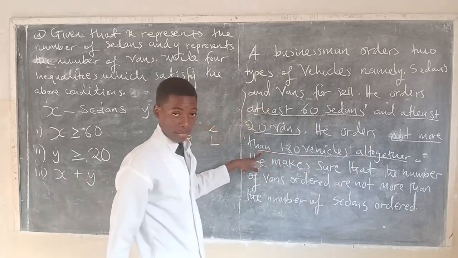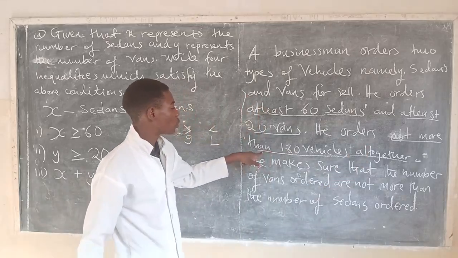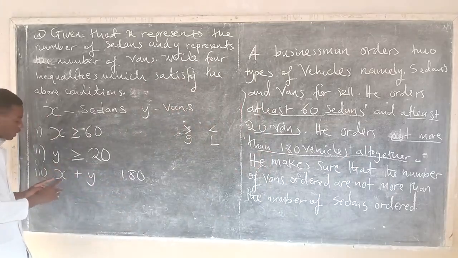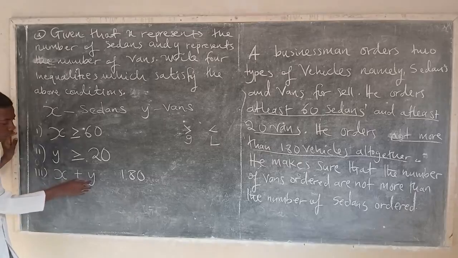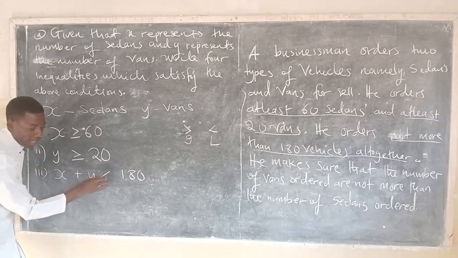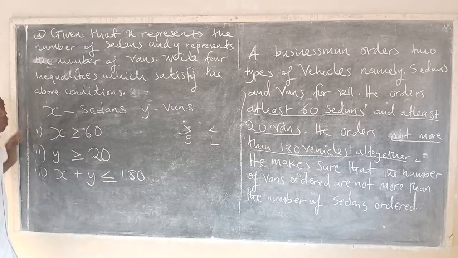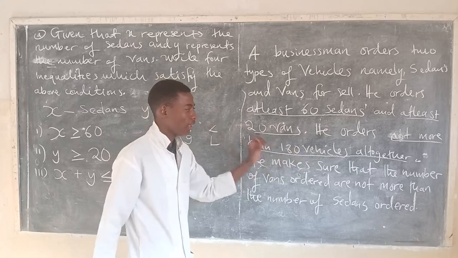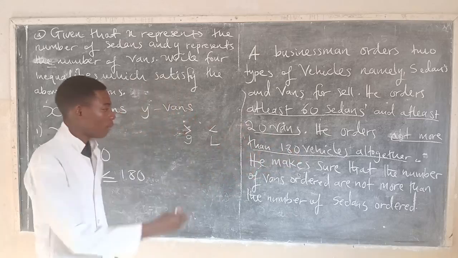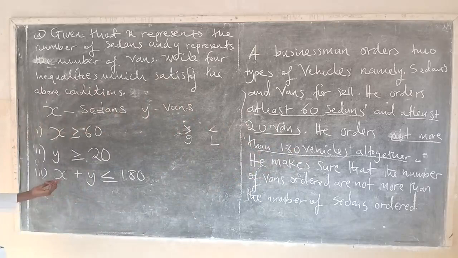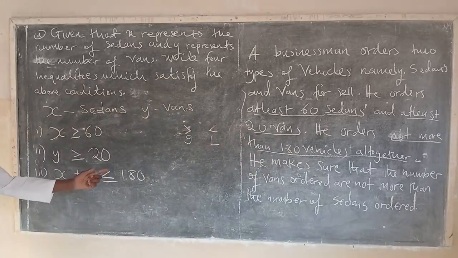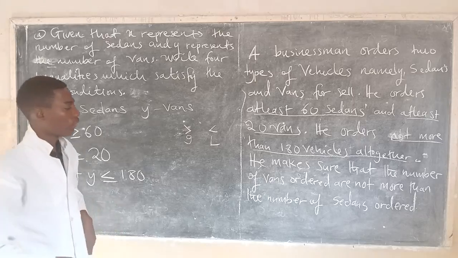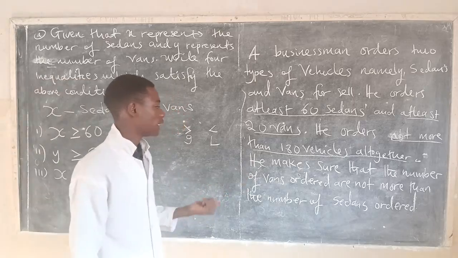Not more than simply means he should not exceed the number, so the sum of these 2 vehicles should be less than or equal to 180. He can manage to buy 180, but must not exceed that. So we say X plus Y is less than or equal to 180.